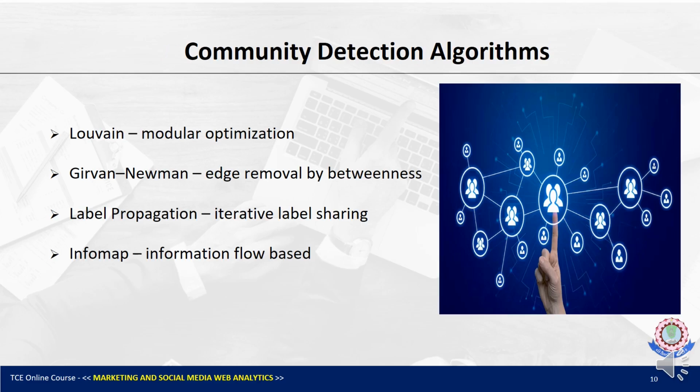Community detection algorithms. Main algorithms: Louvain merges neighboring communities to maximize modularity, and is fast for big networks. Girvan-Newman removes high-betweenness edges to reveal divisions.